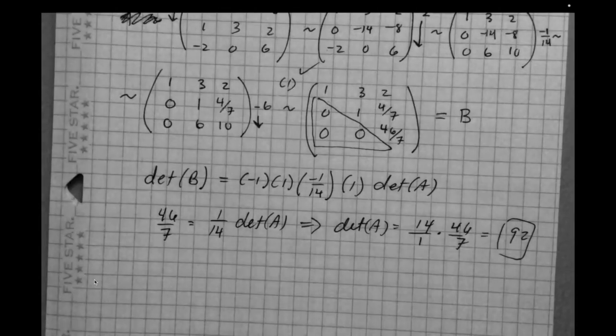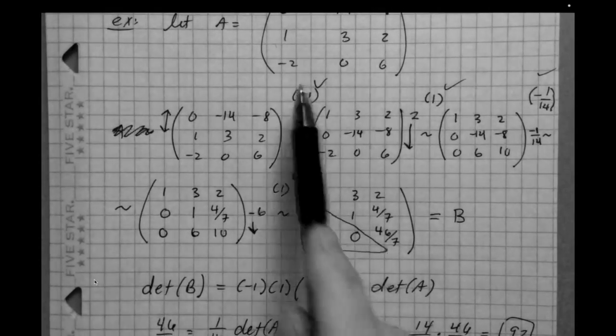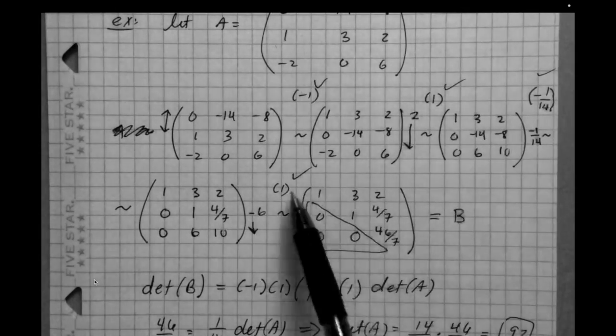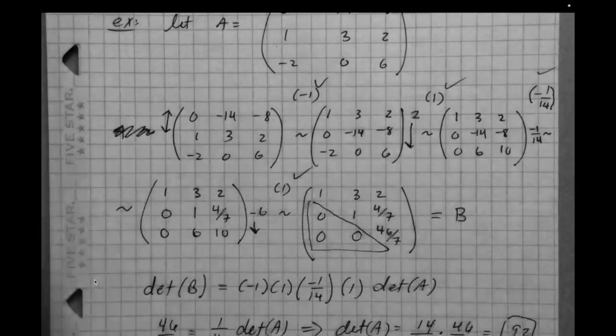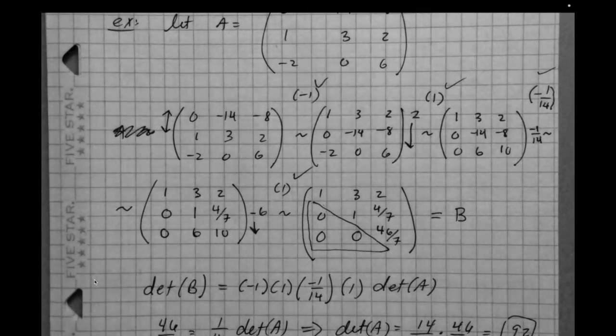It's much, much quicker. The danger in this method is people lose track of what the row operation impact to the determinant is. And so keep track of that, whatever notation you have to employ in order to keep track of that. That's kind of the key.